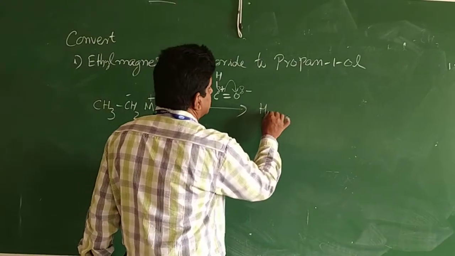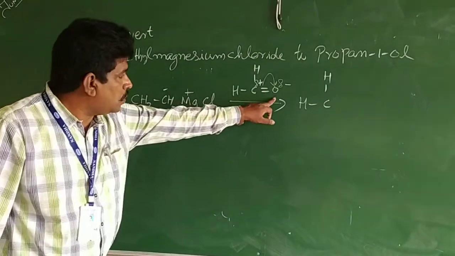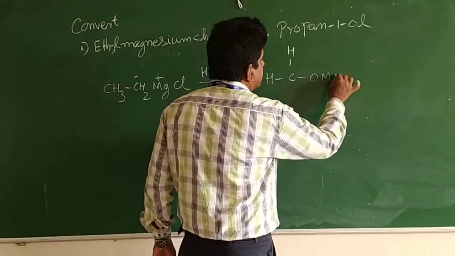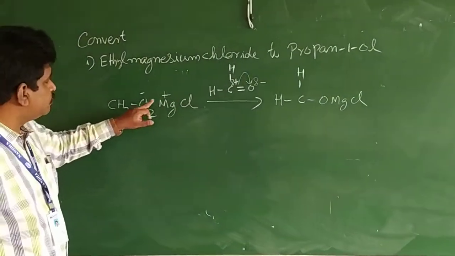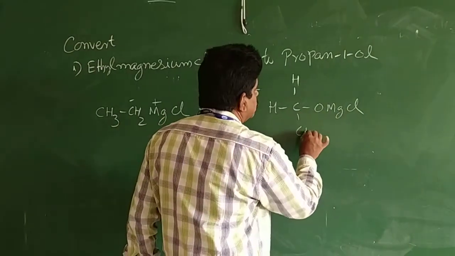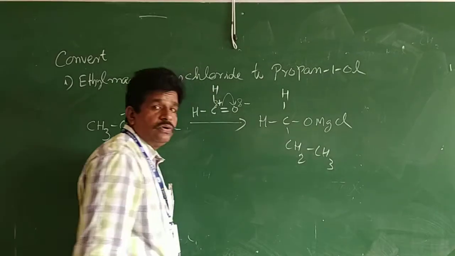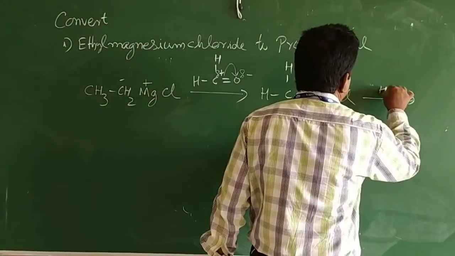So H, C, H, to the O, MgCl will attach, and to the positive carbon the CH2CH3 will attach. Now, if you do hydrolysis, what will happen?